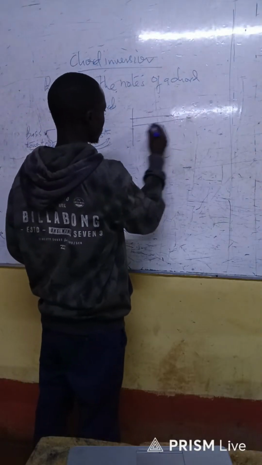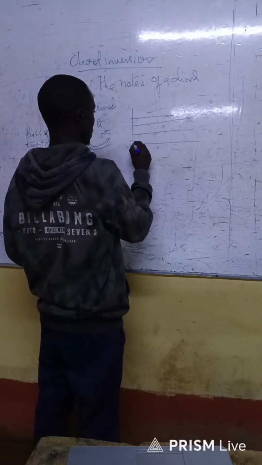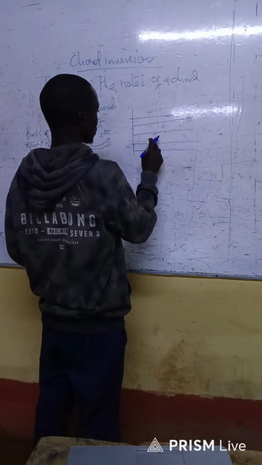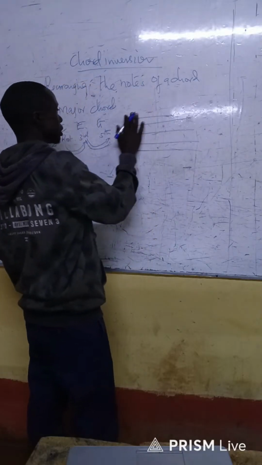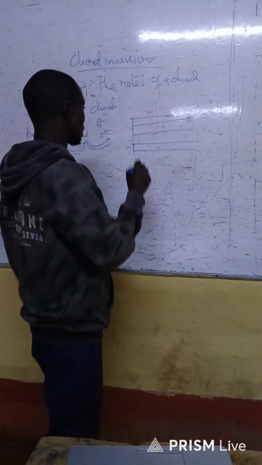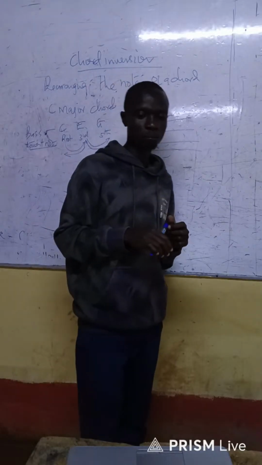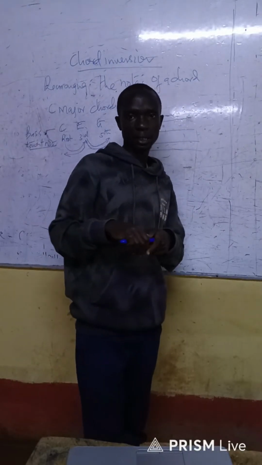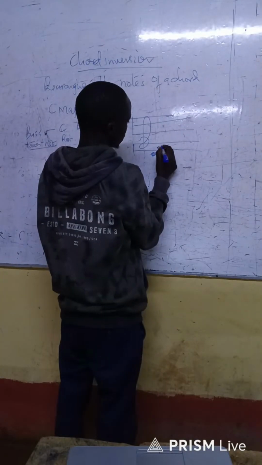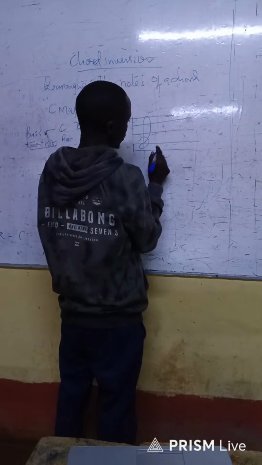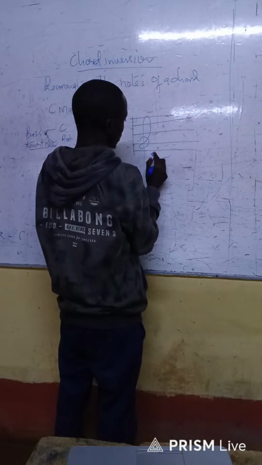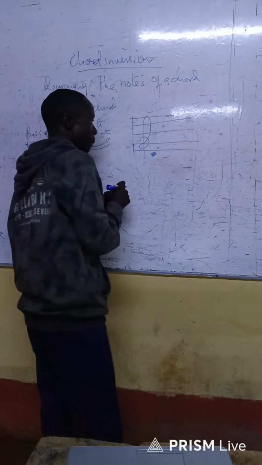And the staff looks like this. Now it's 1, 2, 3, 4, 5. In a music staff, we all know it looks like this. Now we are talking about the inversion. This is do, the first note.